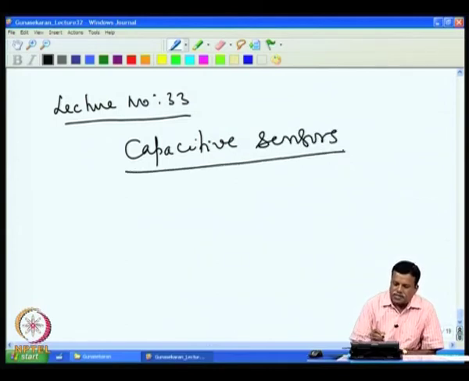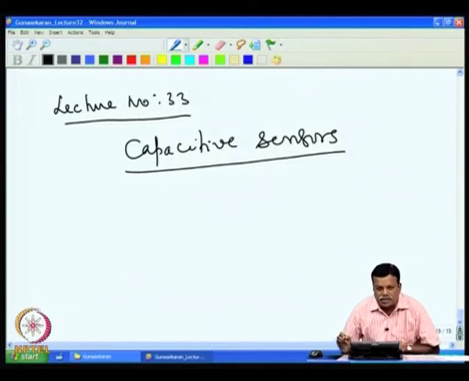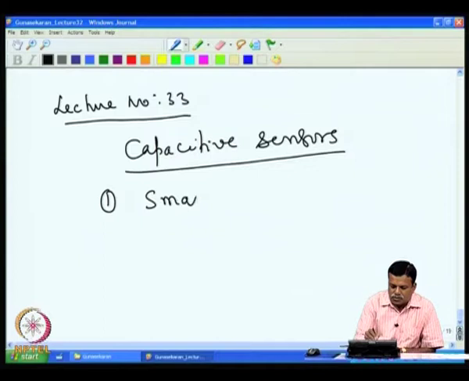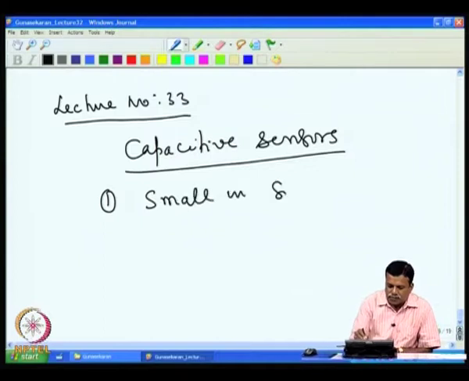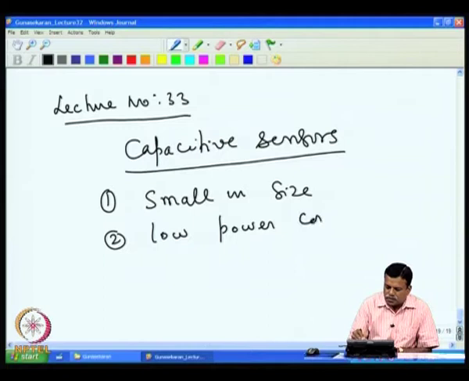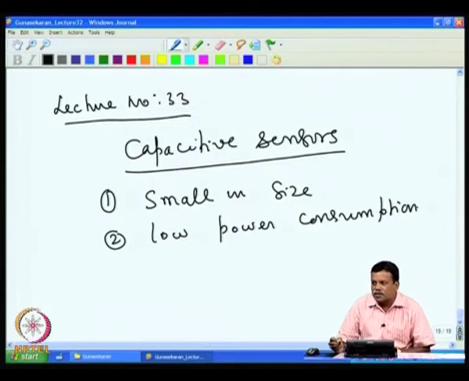Now, the capacitive sensors are very popular nowadays because of their small size and low power consumption. Because of these two reasons, they are very popular. Earlier, these capacitive sensors were not popular mainly because signal conditioning is very difficult, and they normally were picking up a lot of noise.